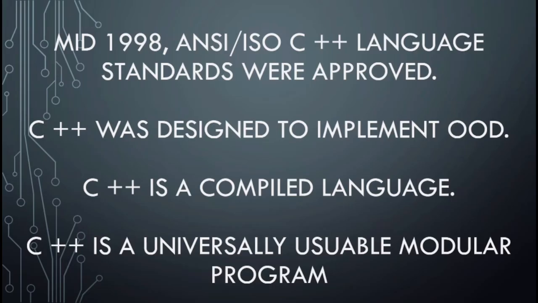C++ is a compiled language, unlike other languages where we have machine languages and others. Similarly, C++ is also a compiled language, which means C++ uses a compiler, and C++ is a universally usable modular program. A modular program simply means C++ is made up of self-contained parts, and these parts handle specific jobs, which at the end of the day all work together.